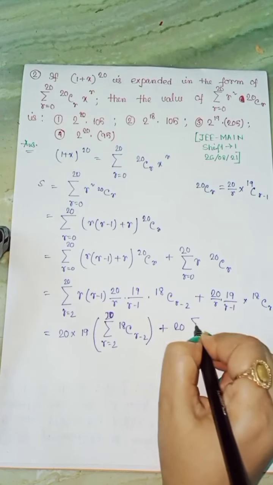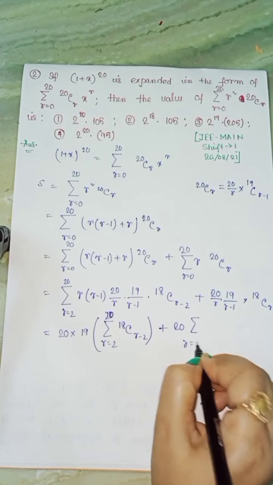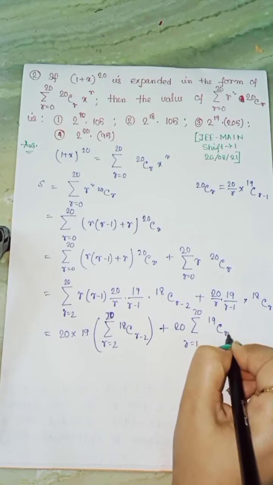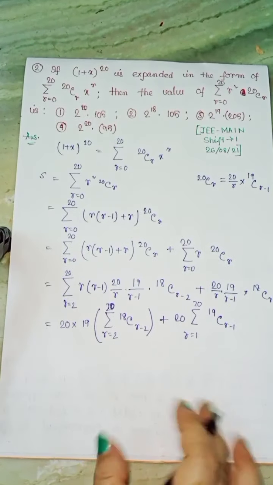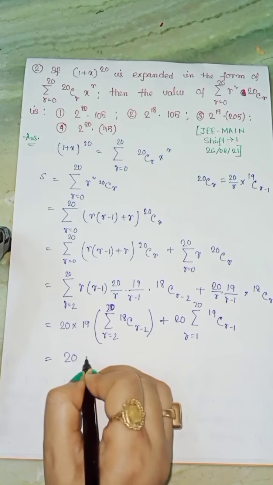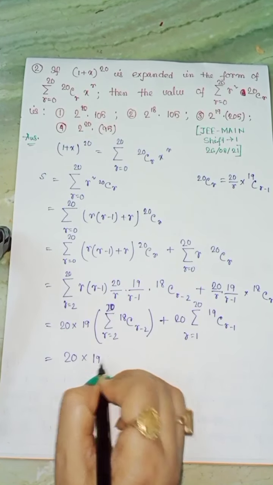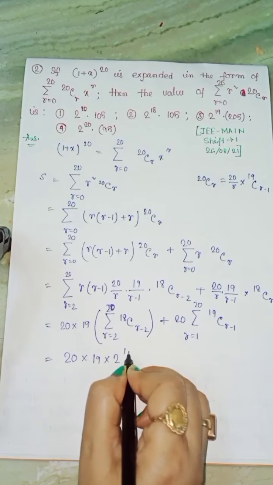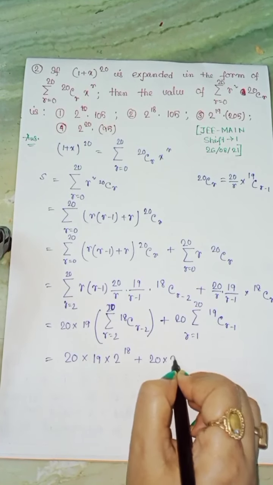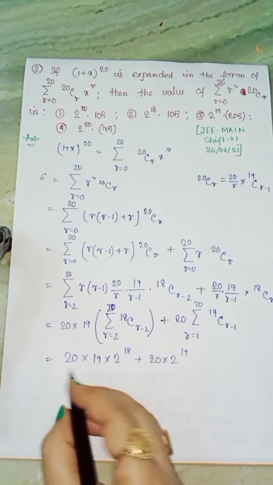Here we get 20 into summation r is equal to 1 to 20 of 19 c r minus 1. Now this one equal to, we may write 20 into 19 into 2 to the power 18 plus 20 into 2 to the power 19.